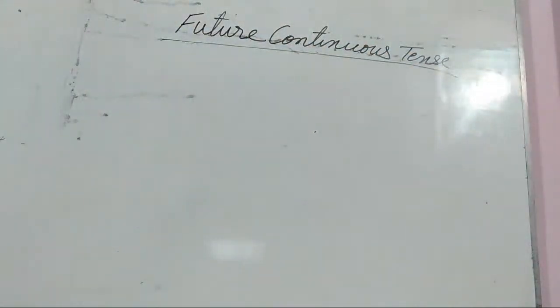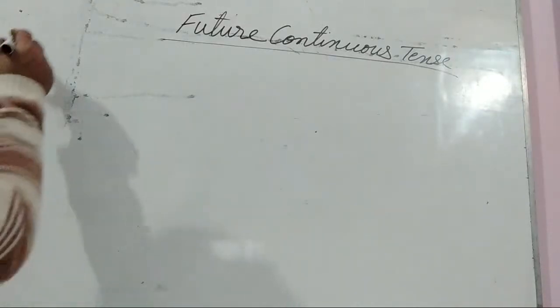Okay, so future continuous tense. Students, future continuous tense is used to express an action that will be continuing at some point in future. So let's see the formula related to the future continuous tense.